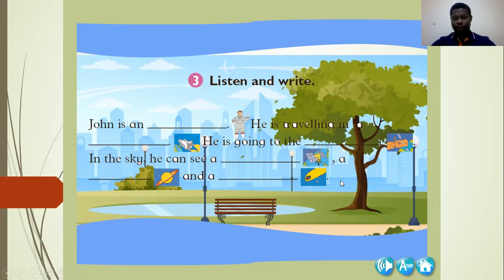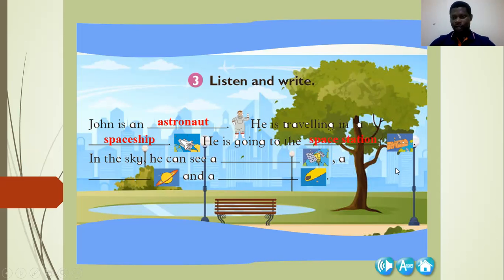Okay, so let's check the answers and see if you are correct. John is an, this is an astronaut. John is an astronaut. He is traveling in a spaceship. You can see that. He is going to the space station.